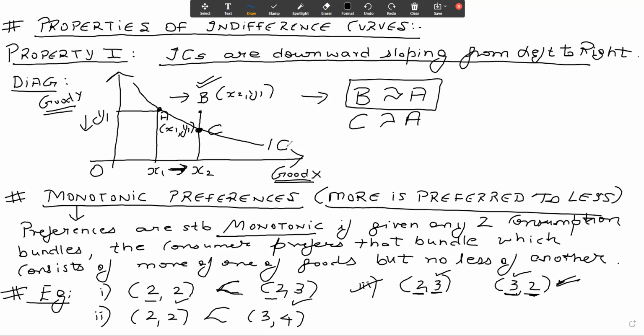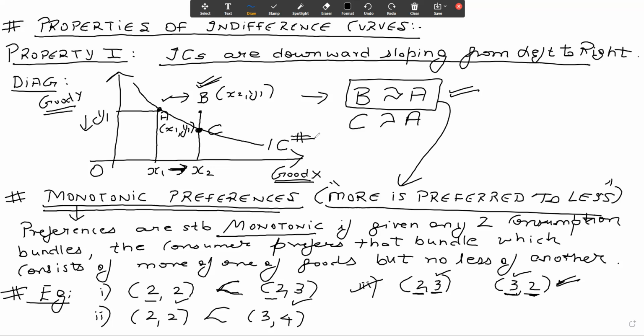And logic simply says that if you apply the concept of monotonic preferences, which simply says that more is preferred to less, if I increase my good X but do not reduce my good Y, I will move from A to B, and B will be preferred over A by the assumption of monotonic preferences. But we want to be indifferent because we want to be on the indifference curve.